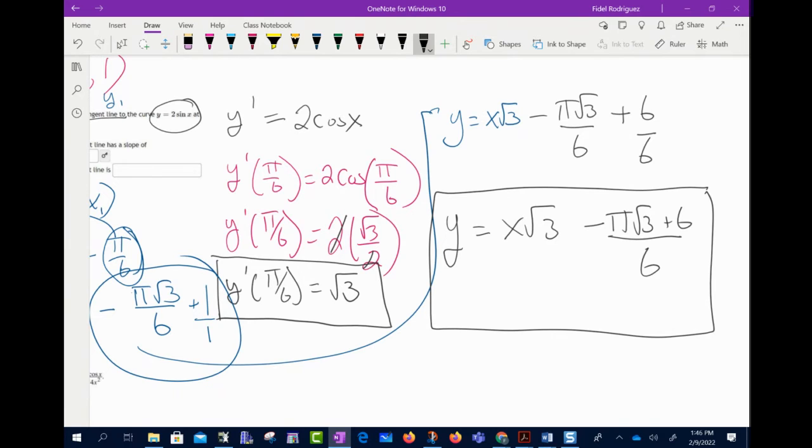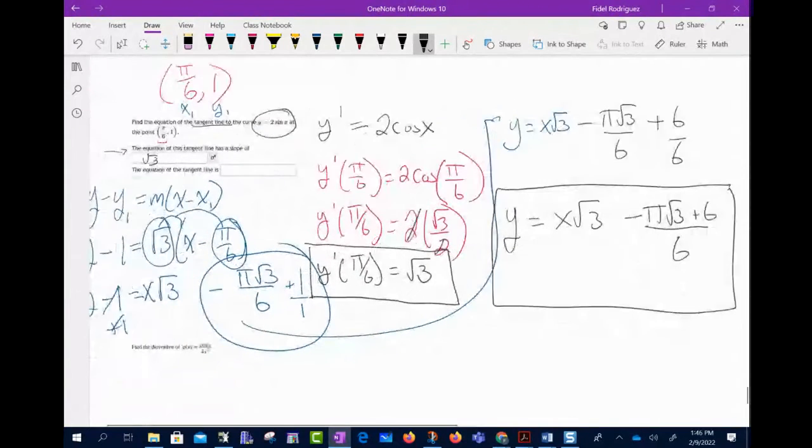I find my derivative and I evaluate it at the value of x that they gave me. That tells me how to find the slope of the tangent line. And then after that, I just use the point that was given to me and now the slope to find my equation. The only thing that's different about this particular problem is that it's a little more messy because it has pi square root of 3 plus a 6, all over 6. But the principle is still the same, right?